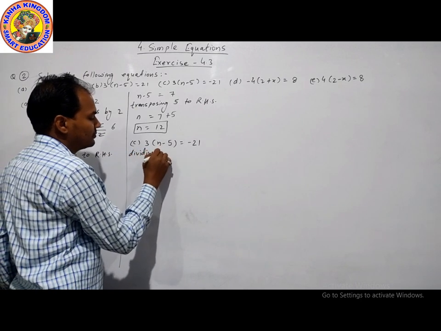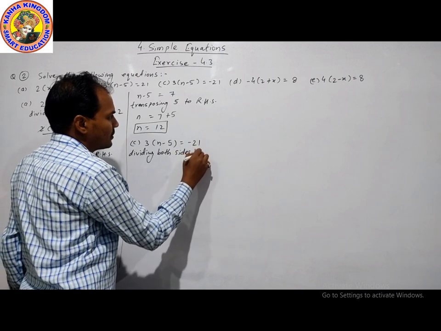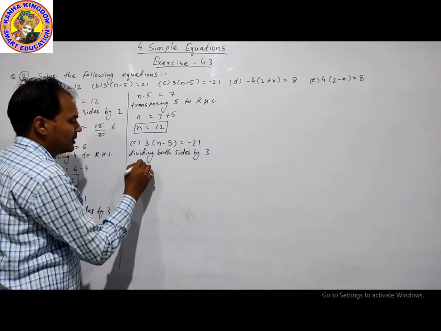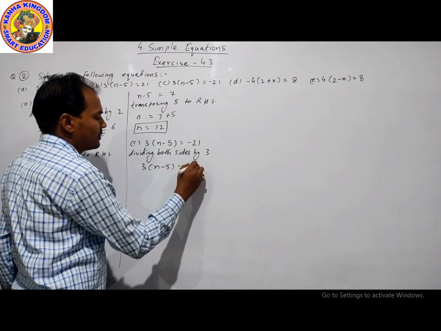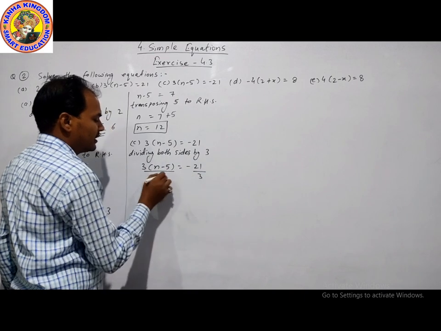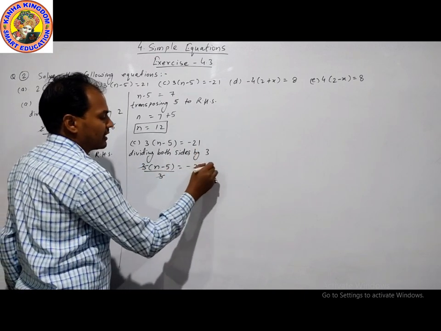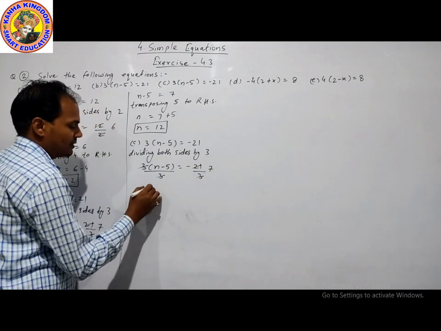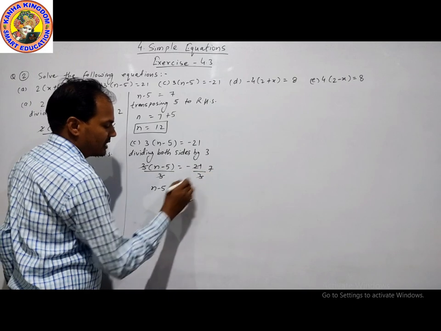Dividing both sides by 3. The equation is 3(n - 5) is equal to minus 21. Divide by 3 and divide by 3, 3 and 3 cancel. 3 can cut 21 by 7 times. So n minus 5 is equal to minus 7.